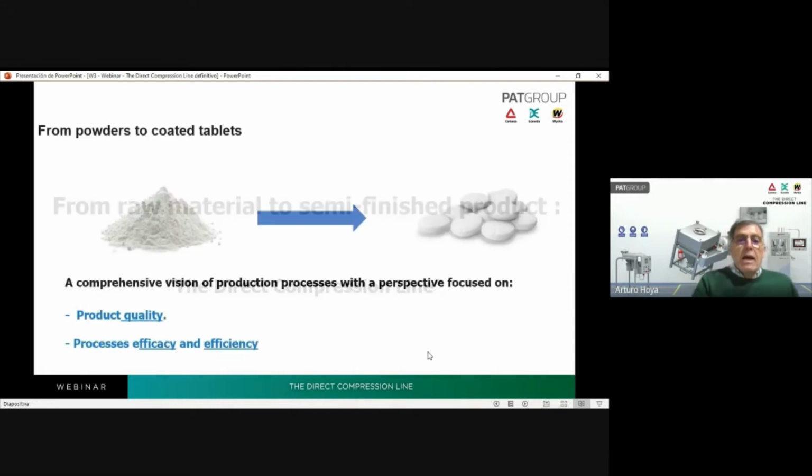Well, our vision, our approach, is that the procedures need to proceed with efficacy and efficiency, and the quality of the product must be the best. This is the idea we have, and all the efforts are conducted to obtain quality of product, but efficiency too. Both things are important.